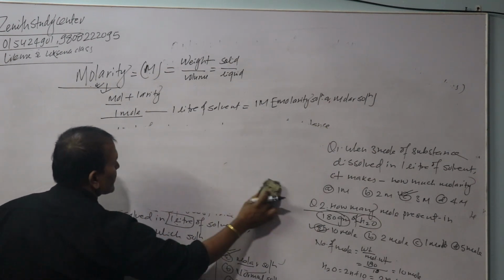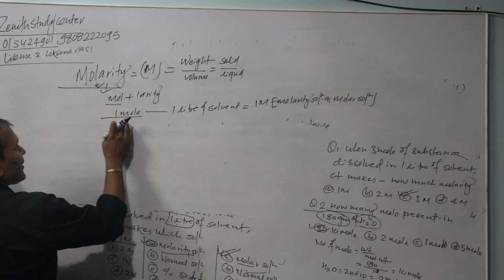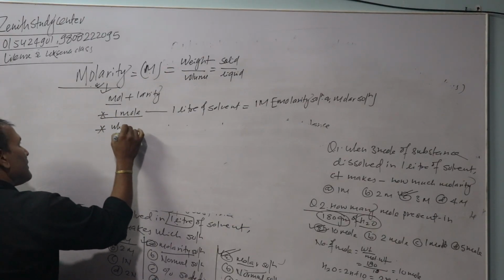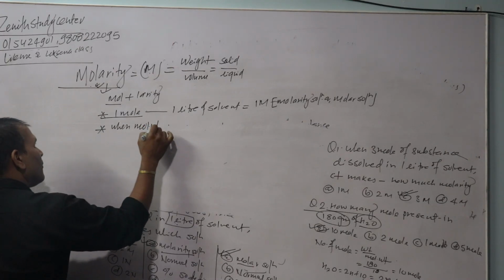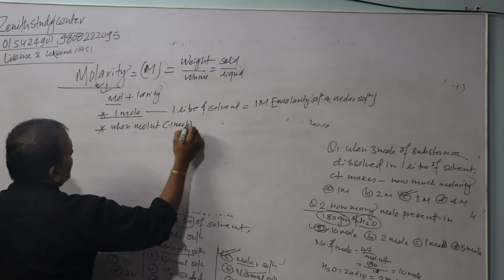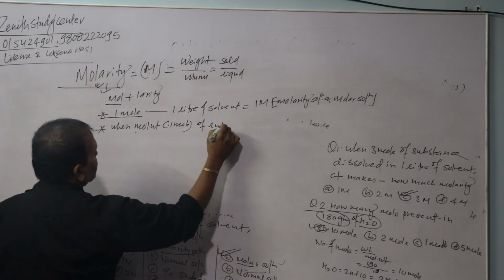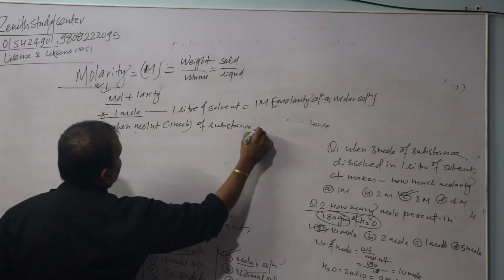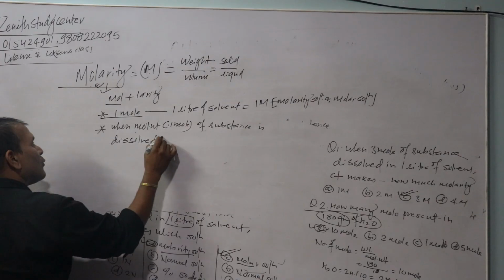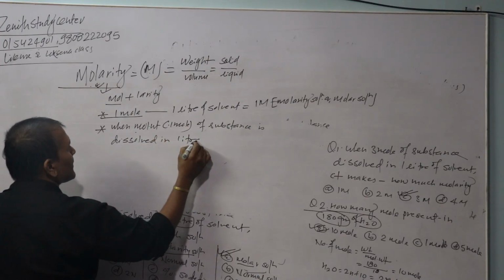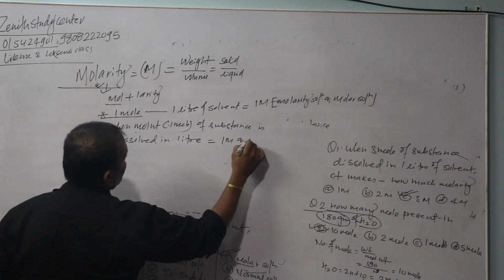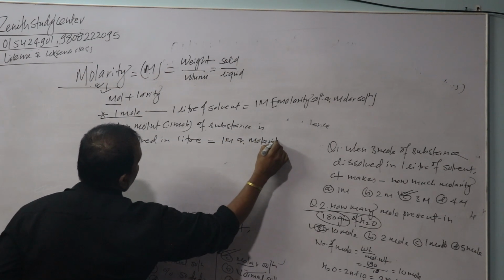Other definition: 1 mole is equal to the molecular weight. So point number 2, when 1 molecular weight of substance is dissolved in 1 liter, then it also makes 1 molar or molarity solution.